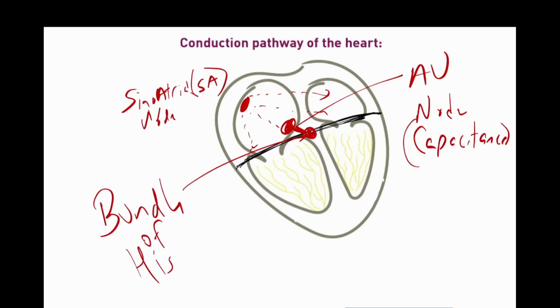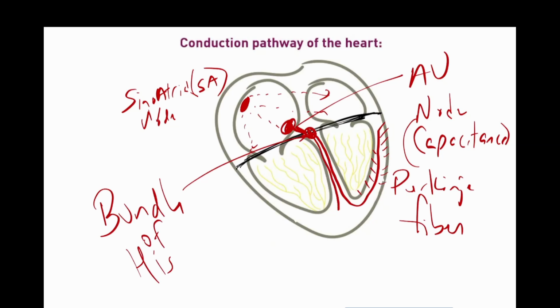One, we have the left bundle that eventually makes your Purkinje fibers. Purkinje fibers line the walls of the ventricle to allow the heart to squeeze appropriately. We also have a right bundle, again in the ventricular wall, and it works its way up and provides all these little nerves so the ventricles will squeeze together.